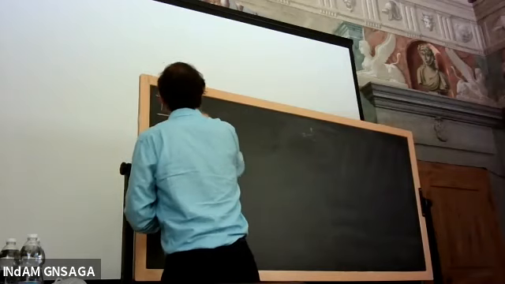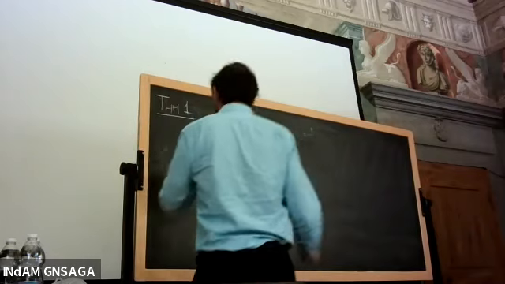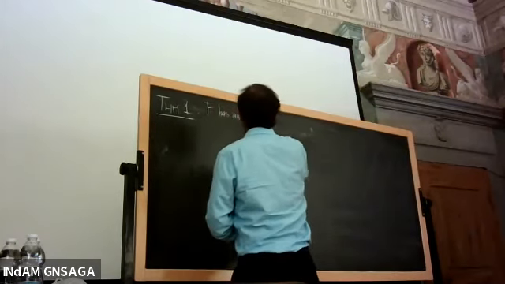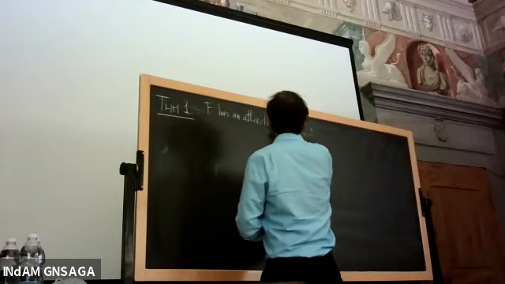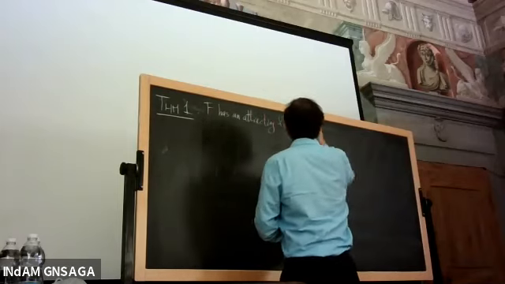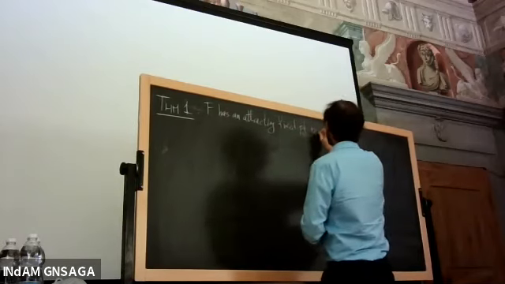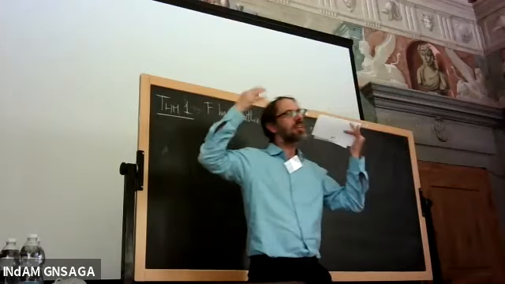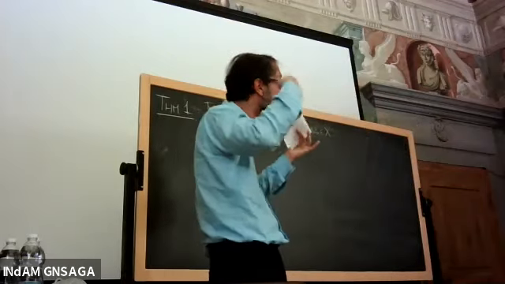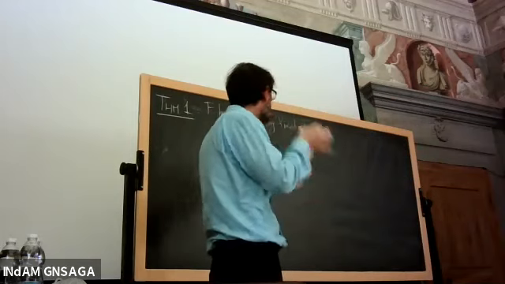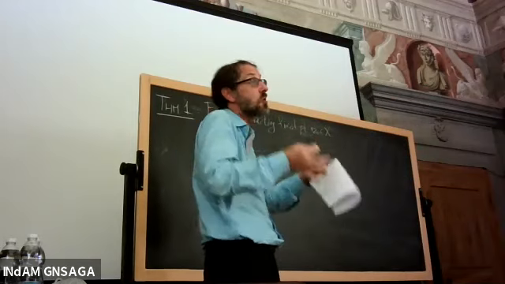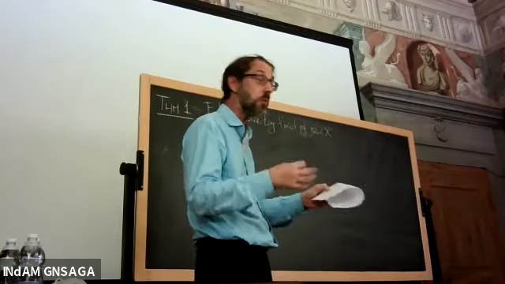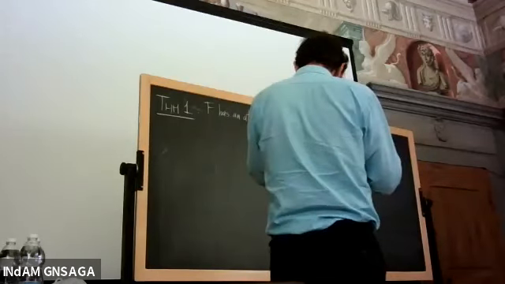So here, case one. This is the case F has an attractive fixed point. What we have in mind is that somehow the dynamics of F should force or guide the dynamics of the sequences, and this is true up to a point.